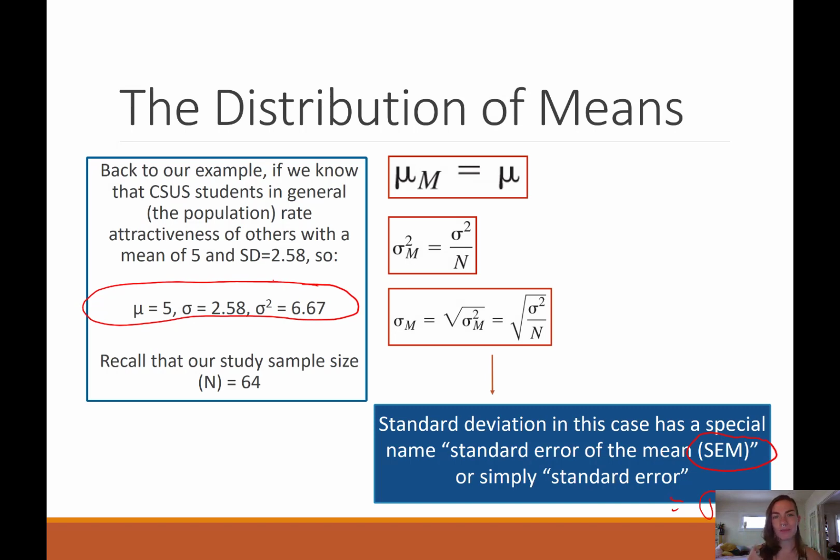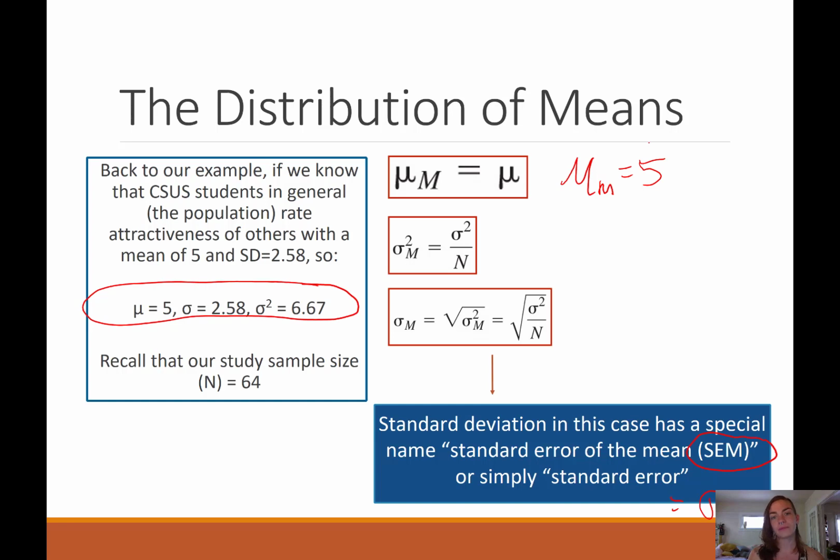So I know that mu sub m, the mean of my distribution of means, is equal to the mean of the comparison population. In other words, mu sub m is going to be equal to, I hope you're thinking 5. It's equal to mu, which we know over on the left-hand side of the slide is 5.